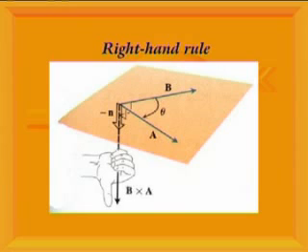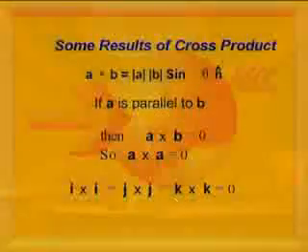So in this way we find the cross product of these vectors. We have a few results about the cross product. These are very basic results which will be used in our further calculations. Let us see these results.